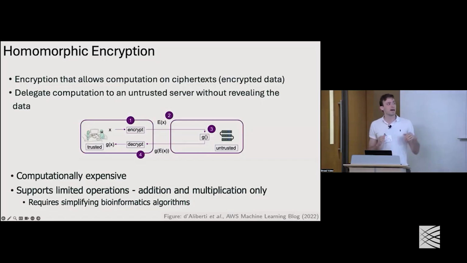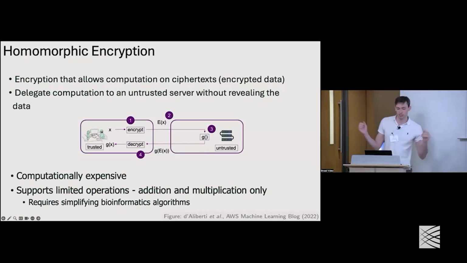They can send that data back. The original party can then decrypt it and see the output of the function. And in this scenario with homomorphic encryption, we have mathematical guarantees that the untrusted party will never be able to see the original data X, because that X is always encrypted when it's being computed on by the untrusted party.